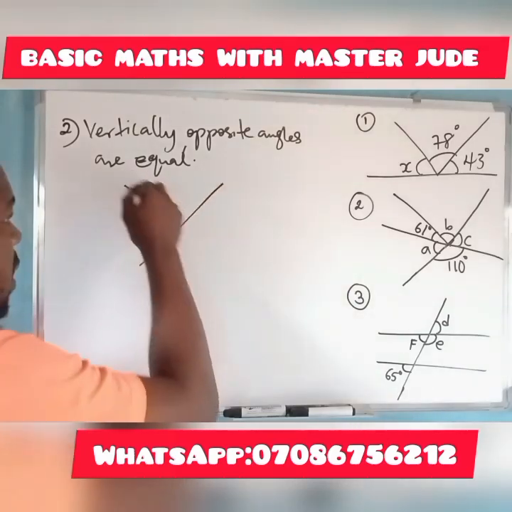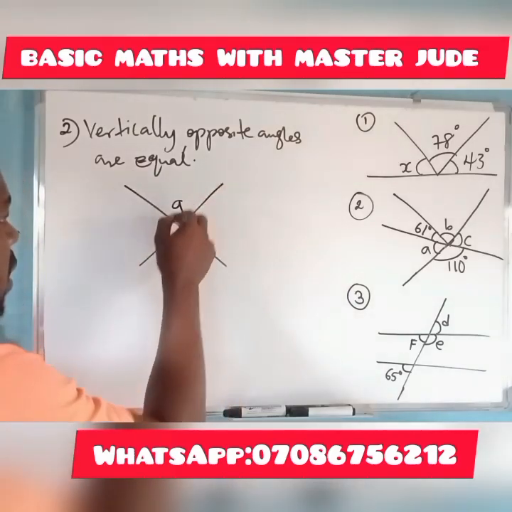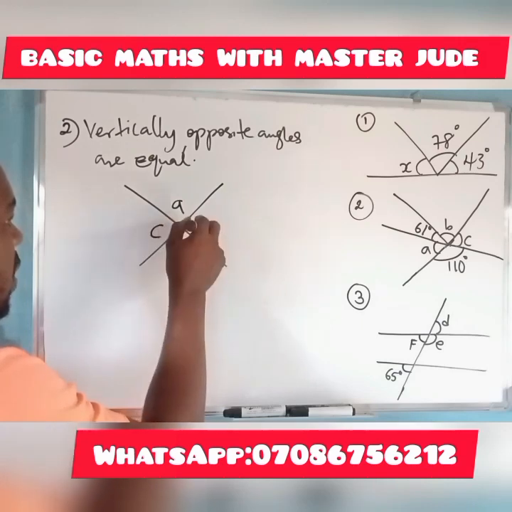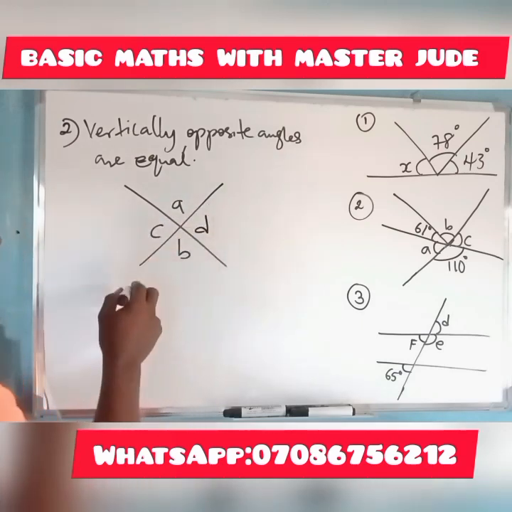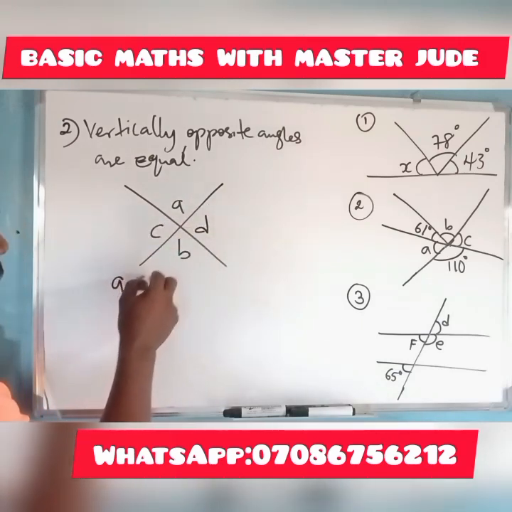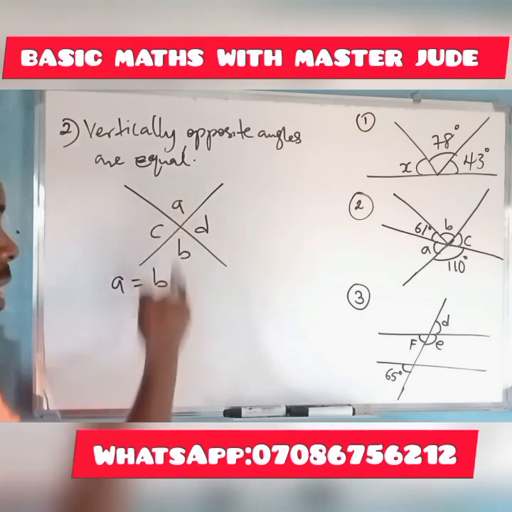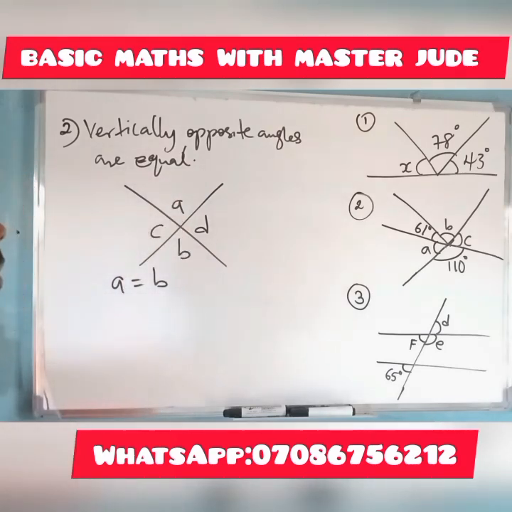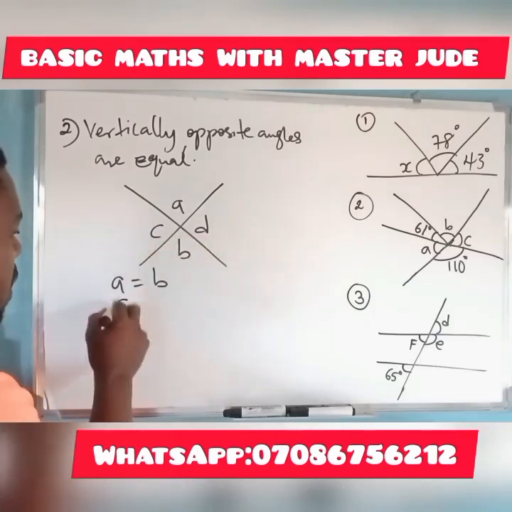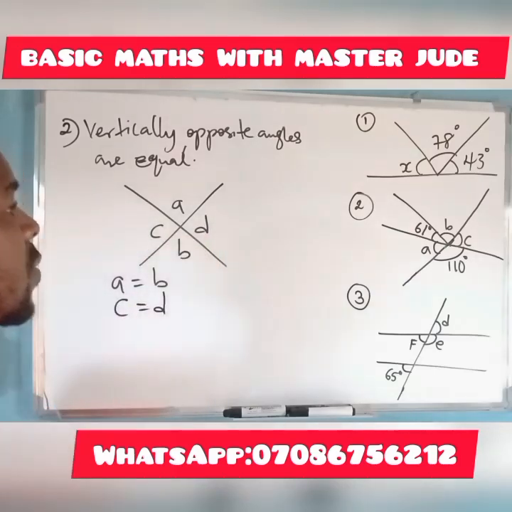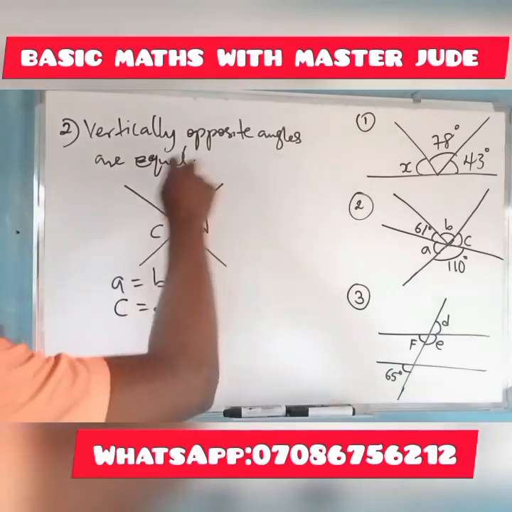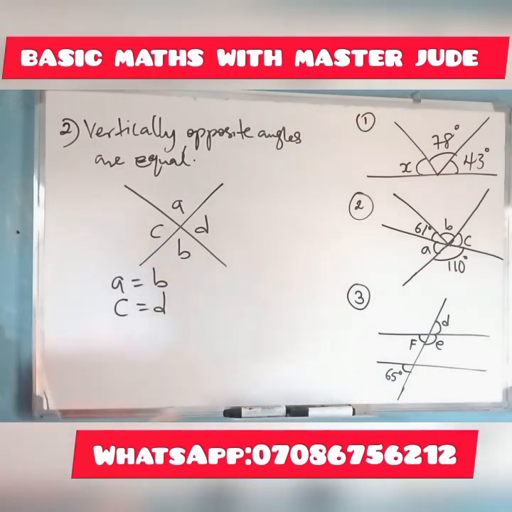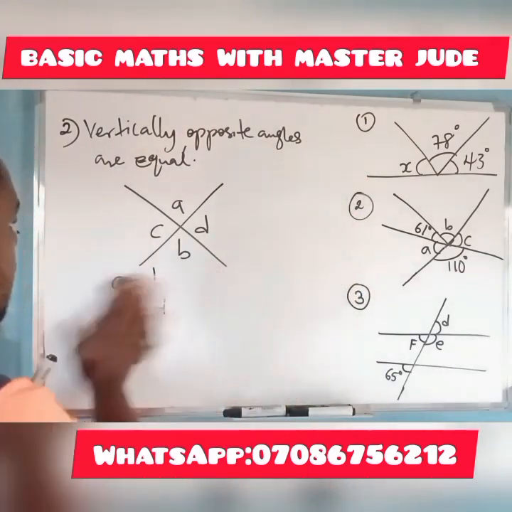If you have something like this, and you have A here, B here, C here, and D here. What they are telling you is that A is equal to B, vertically opposite. Meaning that C is also equal to D. So vertically opposite angles are equal. We'll be applying each of these properties here.